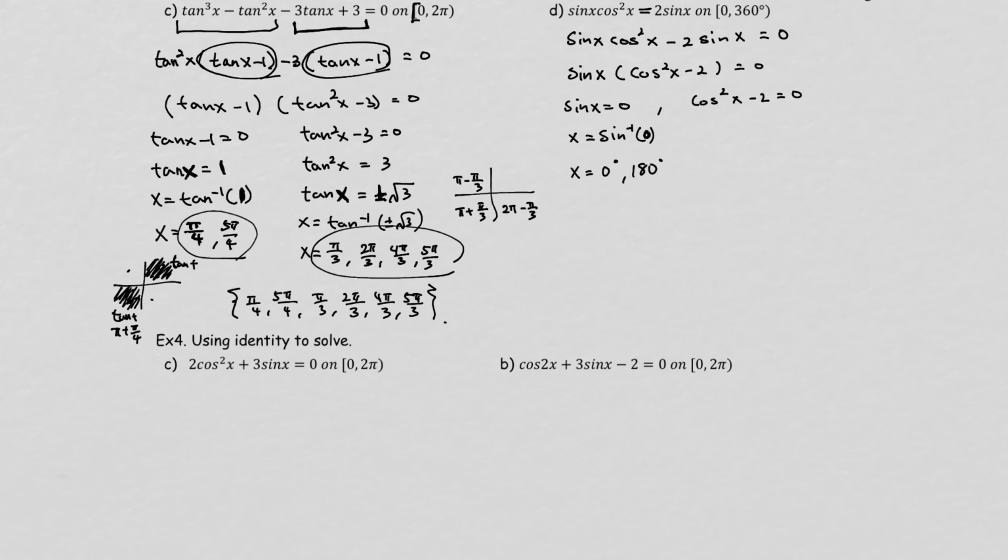Sine value 0 means you need to find the y value 0, right? That's 0 degrees and 180 degrees. So that's the solution. On this side, you add both sides by 2 and you square root that to get rid of the square.